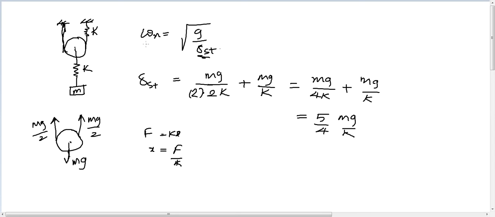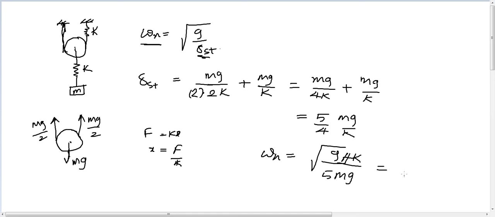So the natural frequency omega n is the square root of g by delta static, which is the square root of 4k by 5mg.